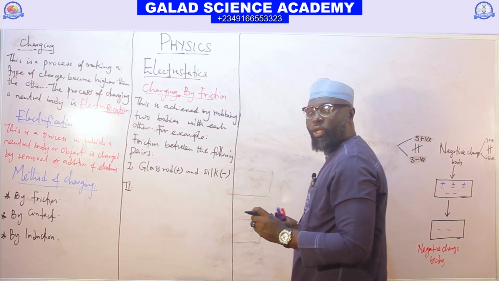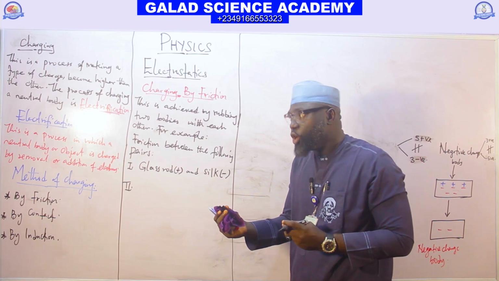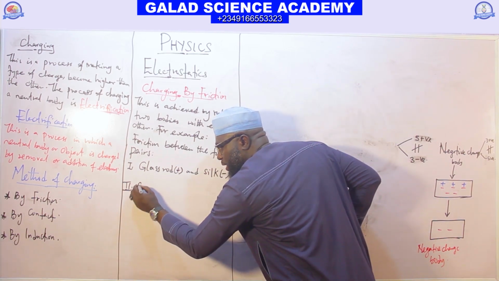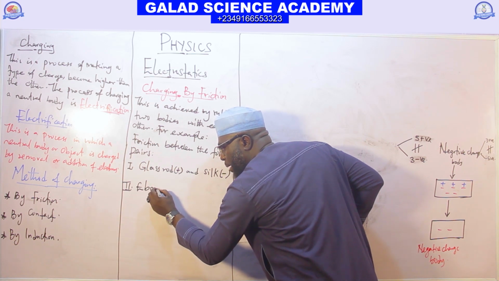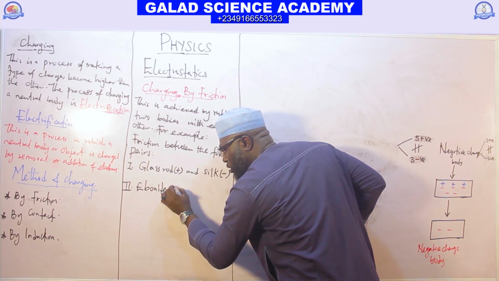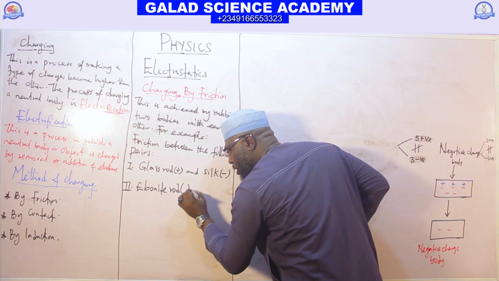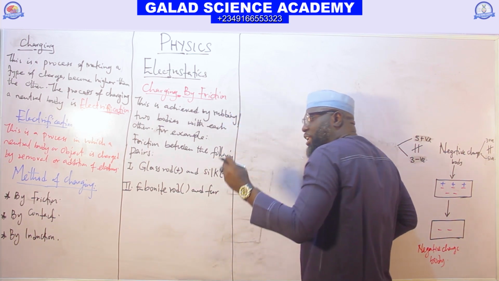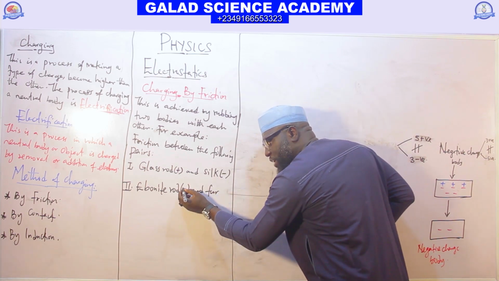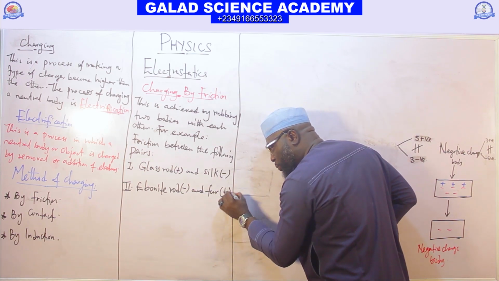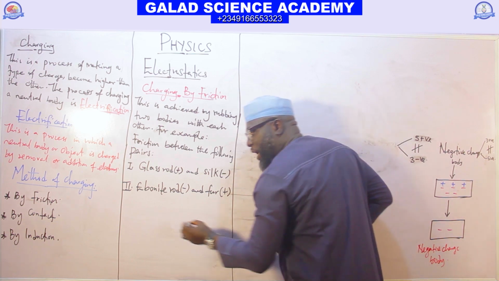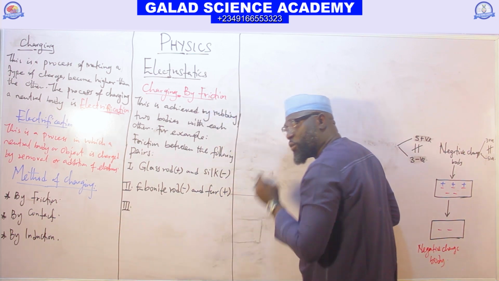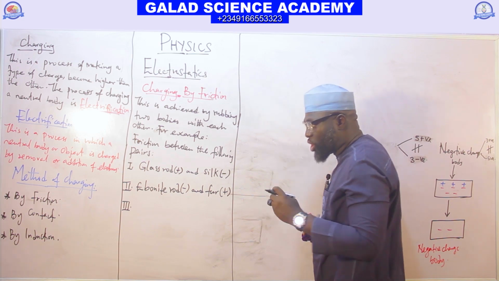Look at the second example. If I'm rubbing an ebonite rod with fur, after the rubbing, the ebonite rod will give you negative charge, and fur will give you positive charge. In the third example, we can also have a plastic rod.